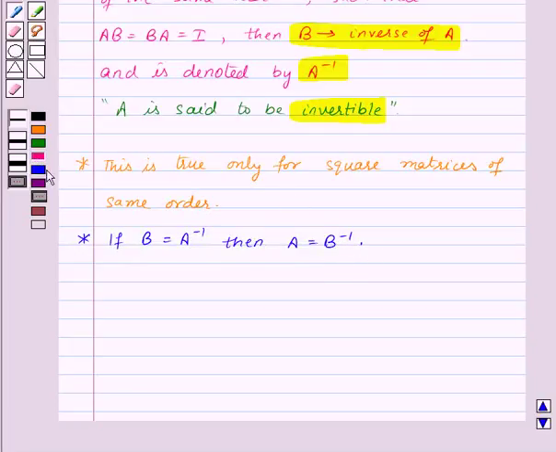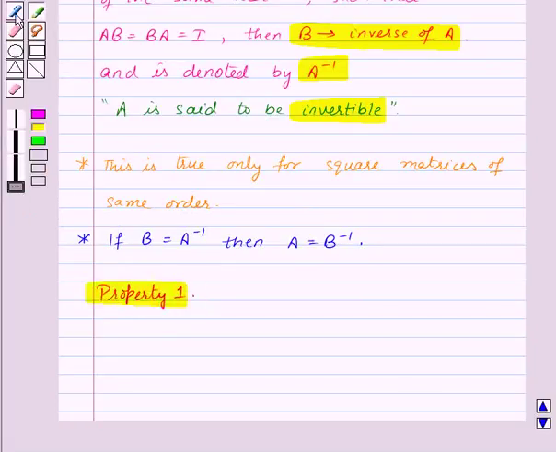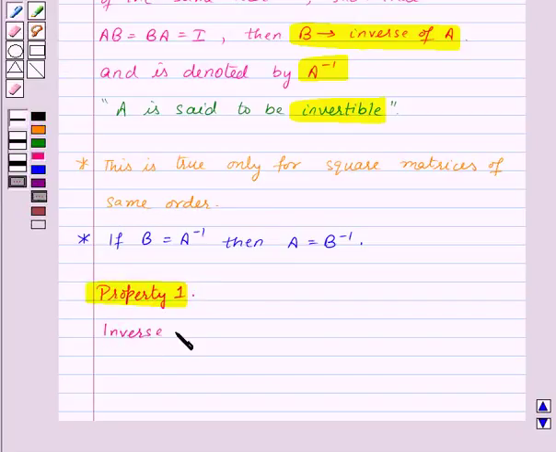Now let us quickly go through some properties. So first property states that the inverse of a square matrix, if it exists, is unique.